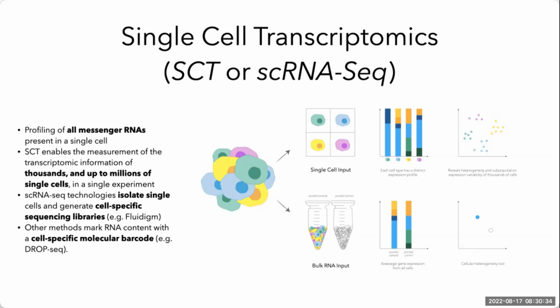So what will this measurement enable us to study? Access to transcriptomic information on a single-cell basis will help us understand the profiles of individual cells and learn about cellular heterogeneity.